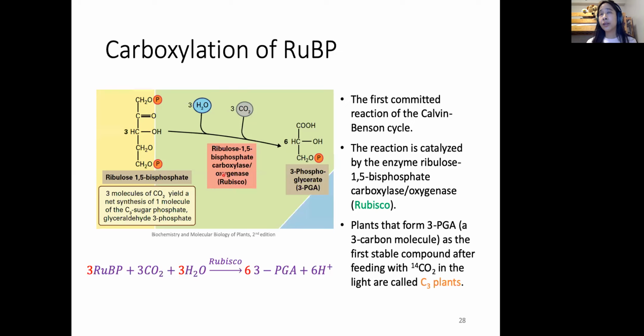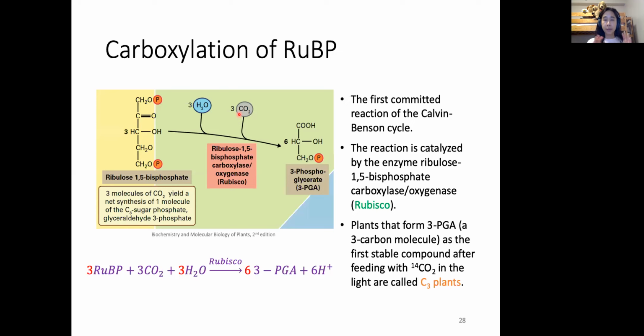Because rubisco is not only fixing carbon, in some situations it also fixes oxygen. And by fixing oxygen, it stalls the enzyme, making the enzyme stop working. Not only that, it also creates a toxic product that the plant needs to get rid of.